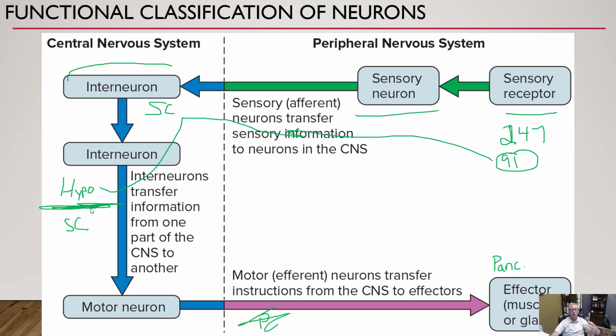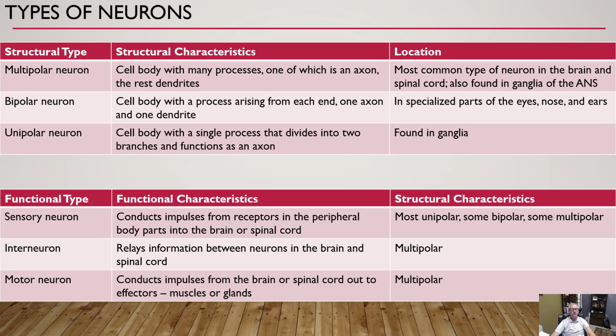Because it's in normal range, we would not have any motor output because we don't need any more insulin to lower our blood sugar. All right, so just a recap of the difference between multipolar, bipolar, unipolar, sensory, interneuron, and motor neuron.